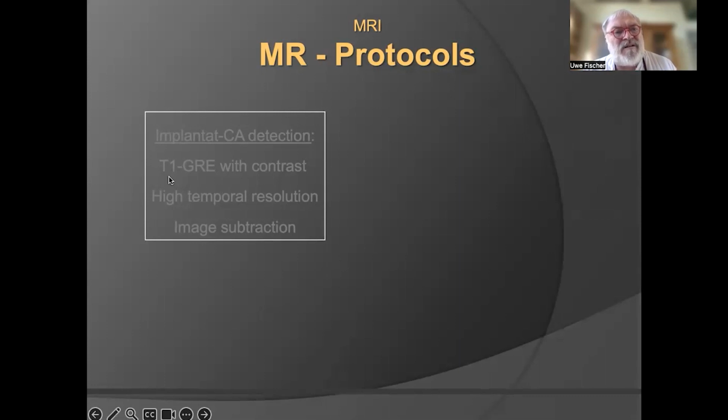We have to use T1 weighted gradient echo sequences with contrast material once before and 1-2 times after contrast material. We need a high temporal resolution to find even the small breast cancer. And for a better detection, we use image subtraction. This is the breast cancer protocol.